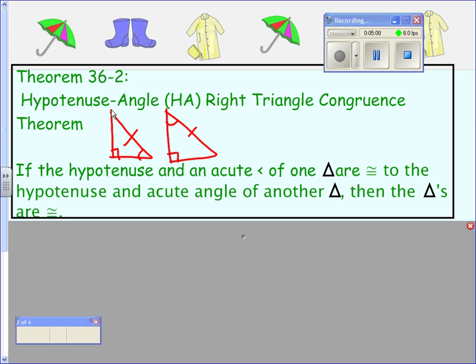What do these look like they are using? It looks like angle, angle, side. Does that make sense? But since it's a right triangle, do we actually use angle, angle, side? Okay.